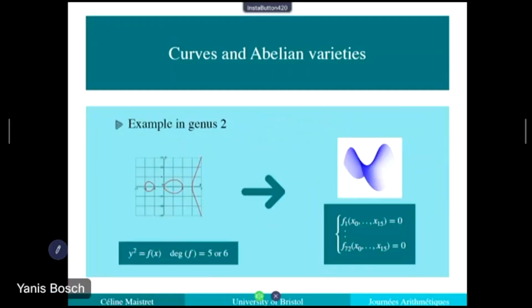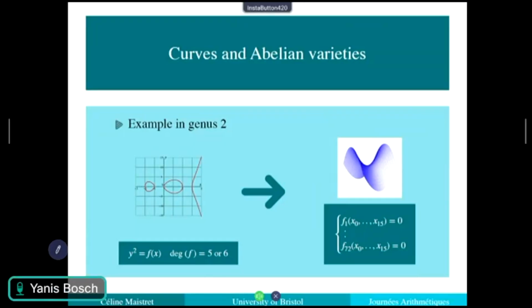And the reason I'm so interested in curves is because of the following. I could decide to take my abelian variety and study it from its defining equations. But let me give you an example in genus 2 of what the Jacobian looks like. If you take y squared is f of x, and f of x is going to be of degree 5 or 6, then you have a genus 2 curve.